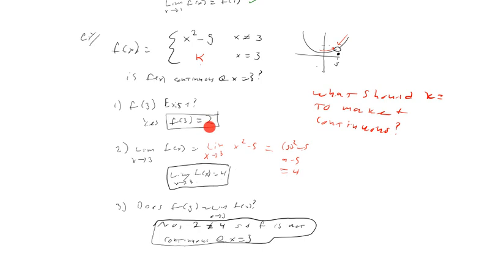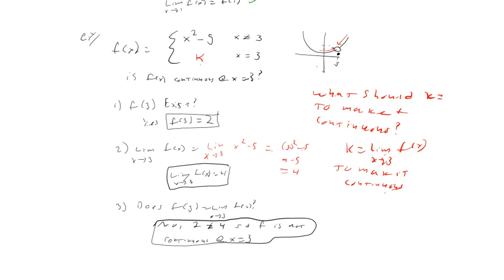I know the limit's 4, so I make the point 4. k should equal the limit as x approaches 3 of f of x to make it continuous. So k should equal 4.